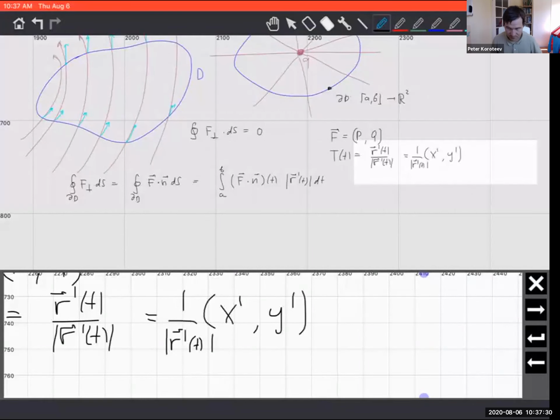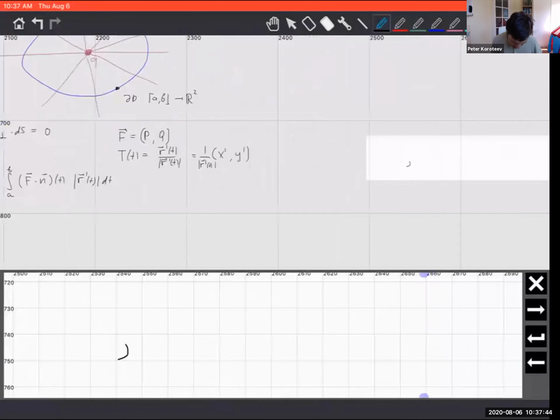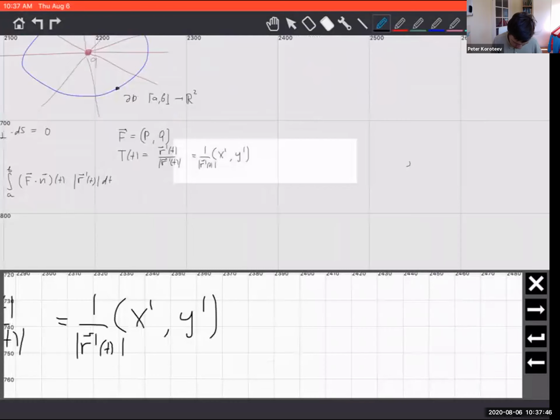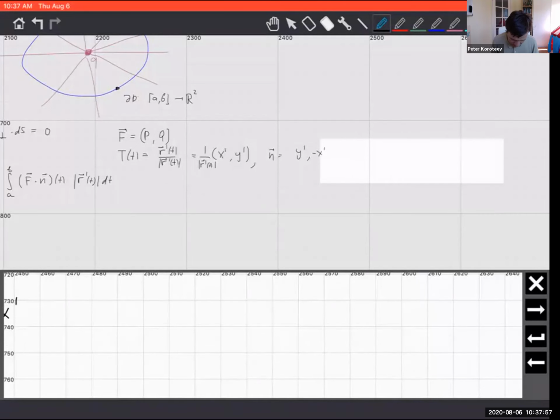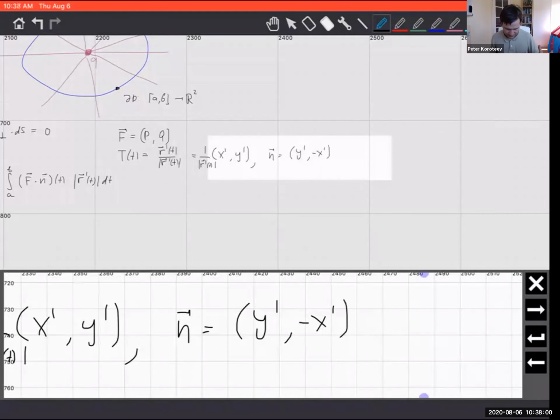And then the normal vector will be perpendicular to it. So the unit normal vector, which we denoted with a little n here, will have components n equals y prime, negative x prime, divided by the same norm. We're picking this direction, so it corresponds to rotation by 90 degrees of the tangent vector.